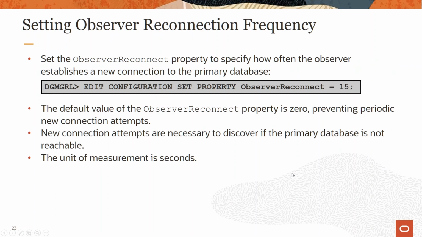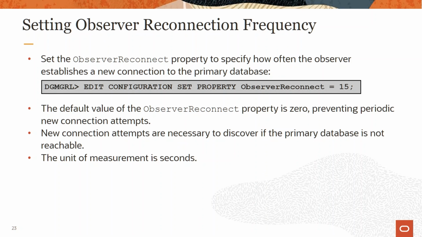And also, you can set observer reconnect frequency. How often you want to make a new connection from the observer to the primary database. It's kind of a connection test. The default value is 0, meaning that once you establish a single connection, we use that single connection just to check the status of the primary database. But there may be a connection hang issue.